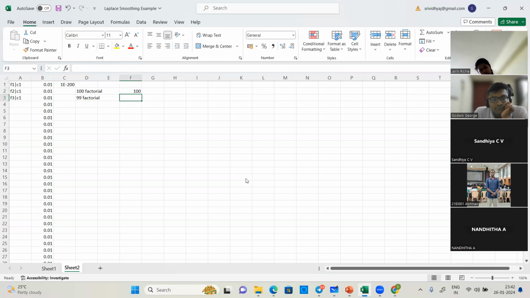But interestingly, you never calculated 100 factorial. You didn't calculate 99 factorial, did you? But if a programming language were to do it, or if Excel were to do it, it will calculate 100 factorial.